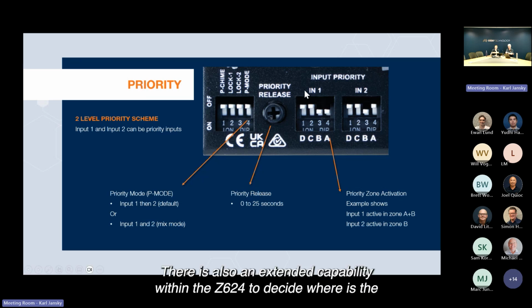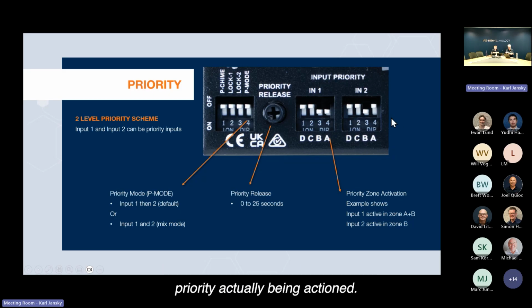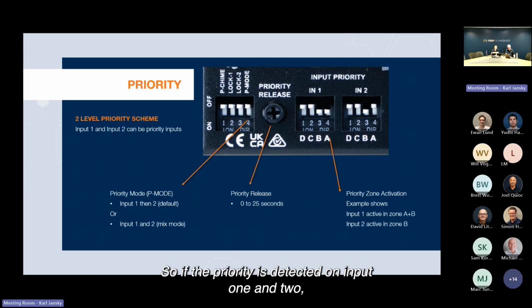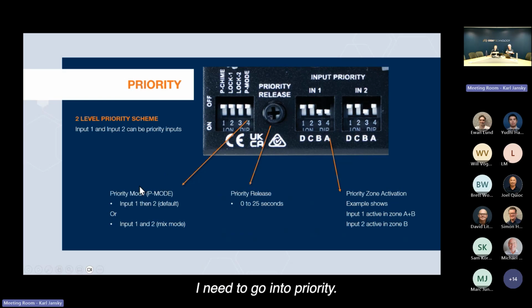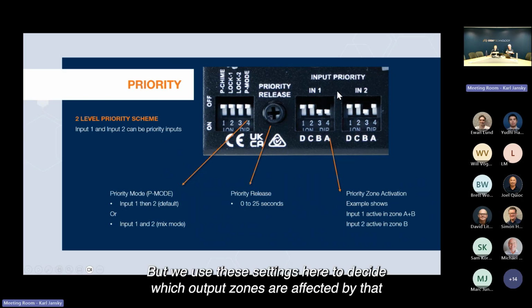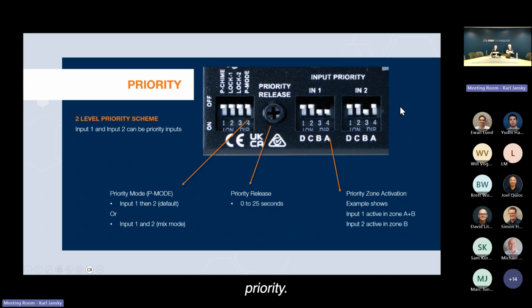There's also an extended capability within the Z624 to decide where the priority is actually being actioned. So if the priority is detected on input 1 and 2, and again, based on the settings that we just described here, it then decides, okay, I need to go into priority, but we use these settings here to decide which output zones are affected by that priority.